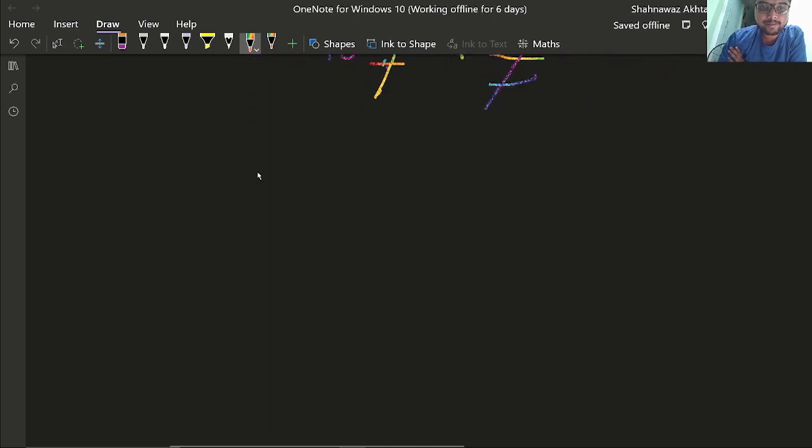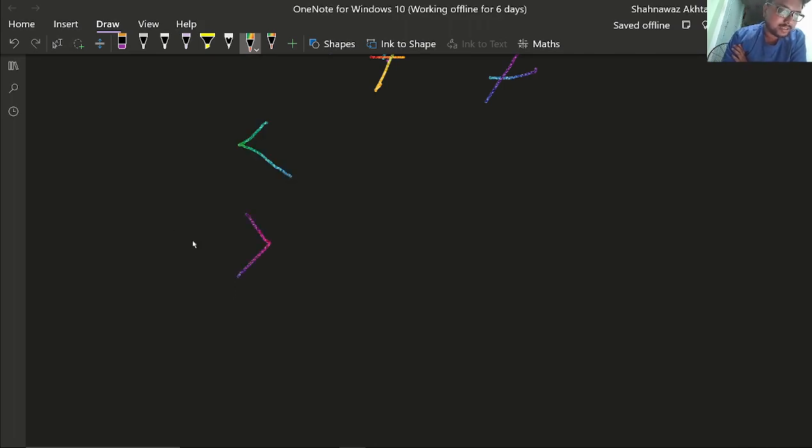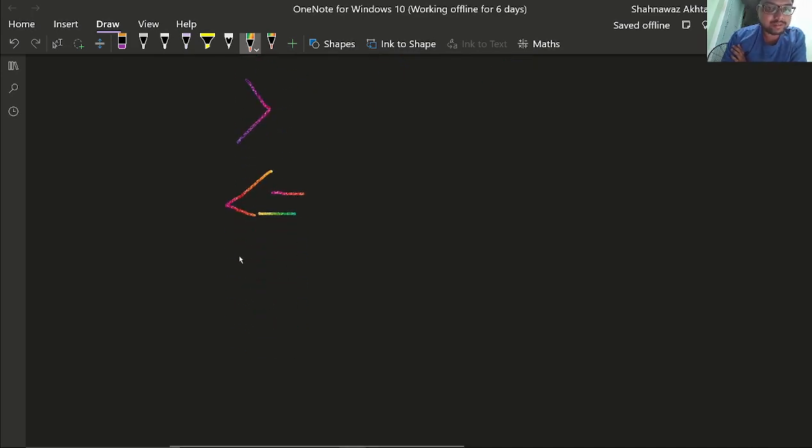In C, there are six types of relational operators. What are they? This is less than. This is greater than. What comes before is compared to its right one. Then comes less than or equal to, then greater than or equal to, then equal to, and then not equal to.